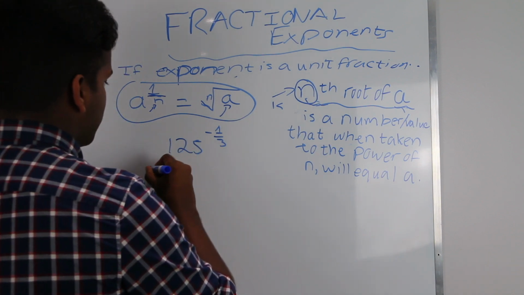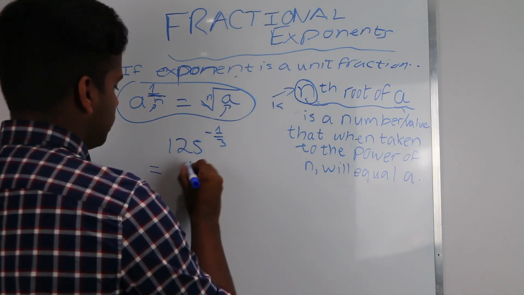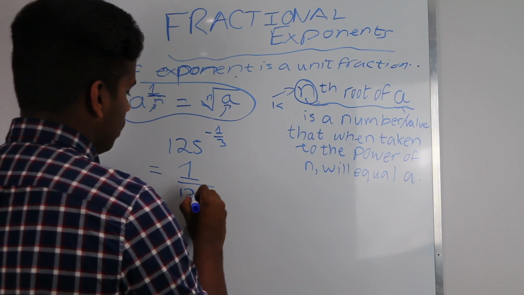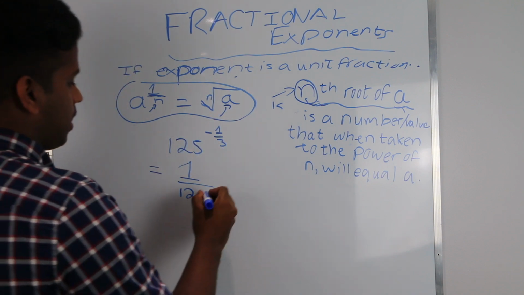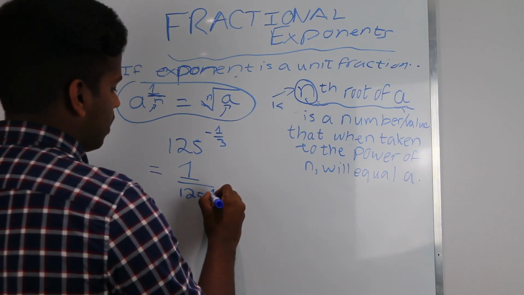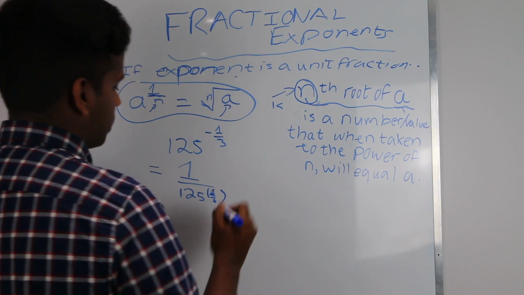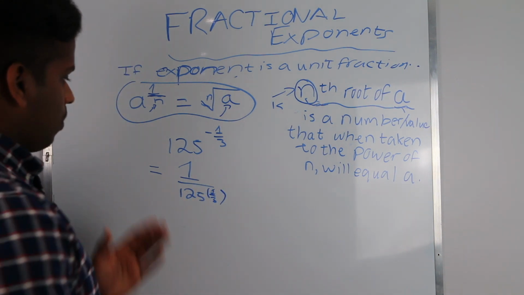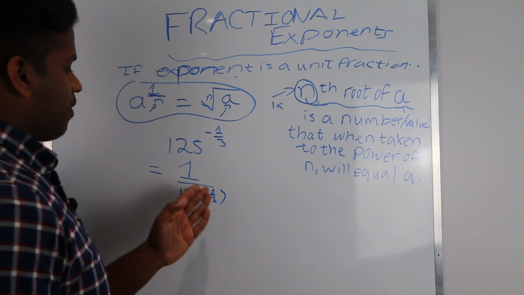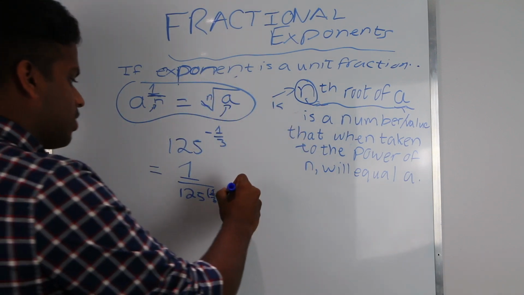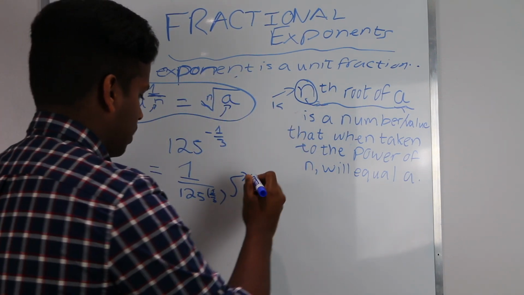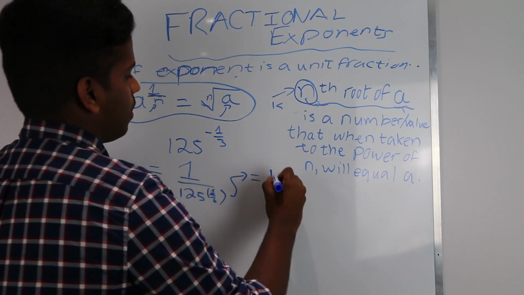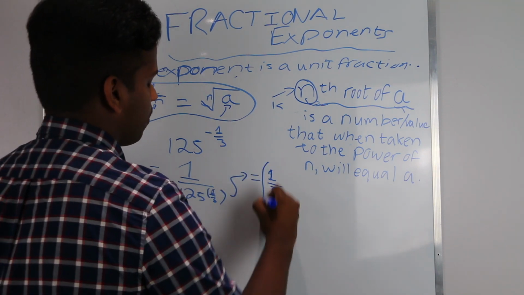Remember, we bring it to the denominator and turn it into a positive exponent: 1 over 125 to the power of 1/3. We already solved 125 to 1/3. It's 5, so the answer is 1 over 5, or 1/5.